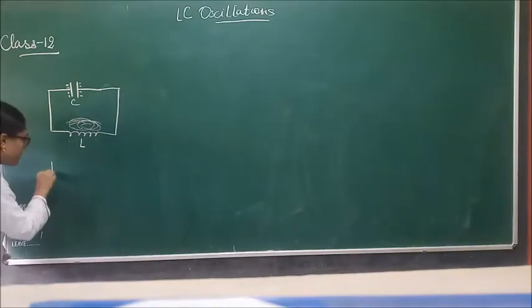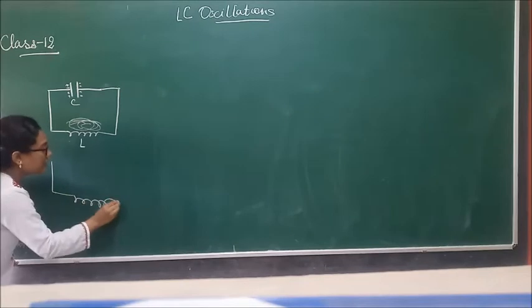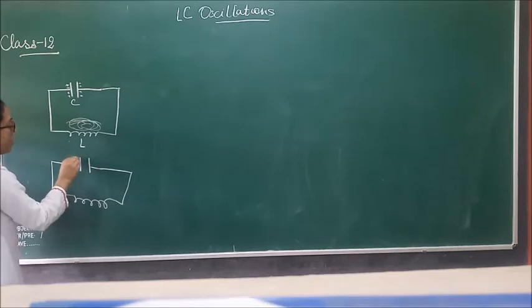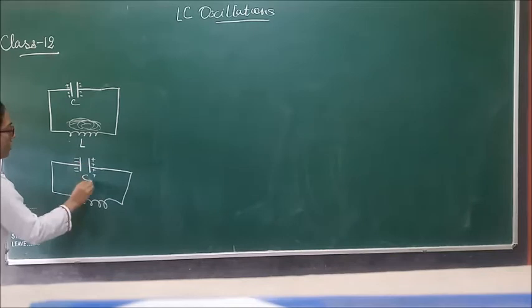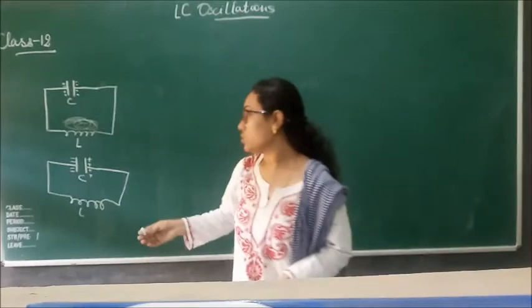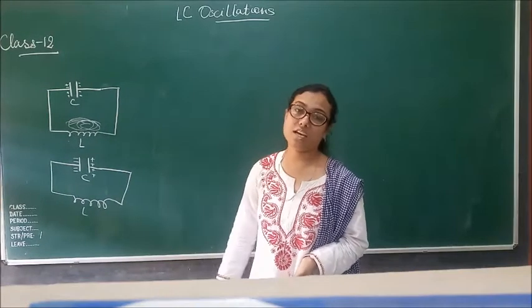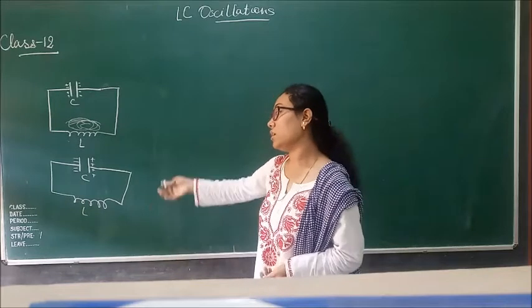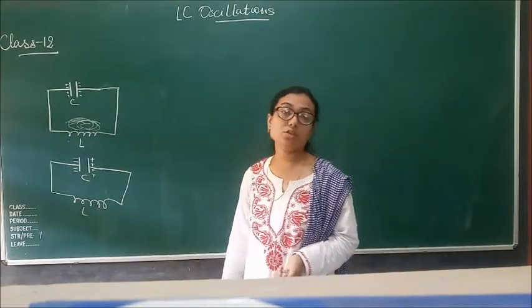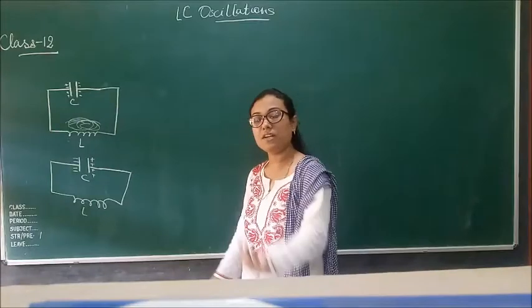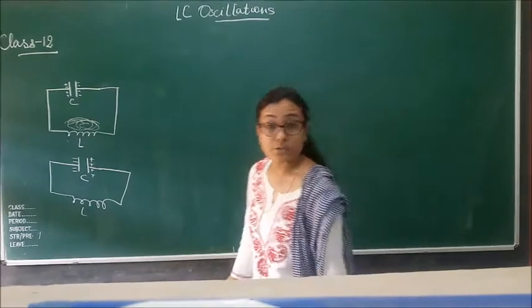Now another diagram I am going to make. This is when the inductor is connected with the capacitor, and here the polarity has changed around the capacitor. Now this whole process is going to repeat in the opposite direction. Energy is stored in the form of electric field, and at last you get the induced EMF.